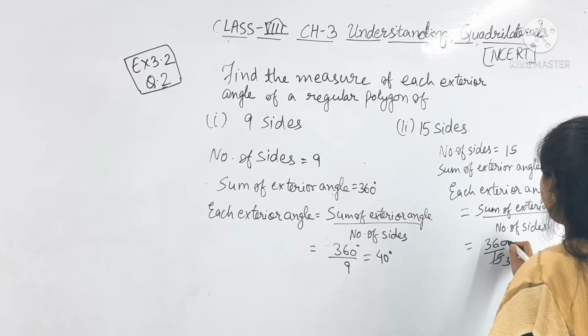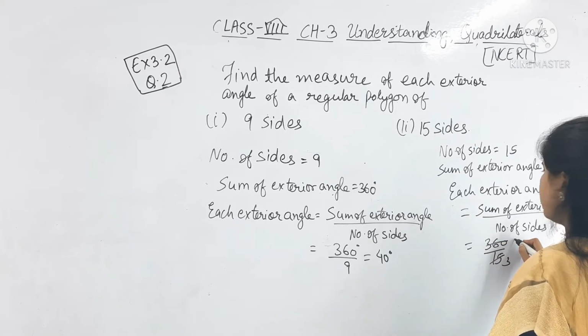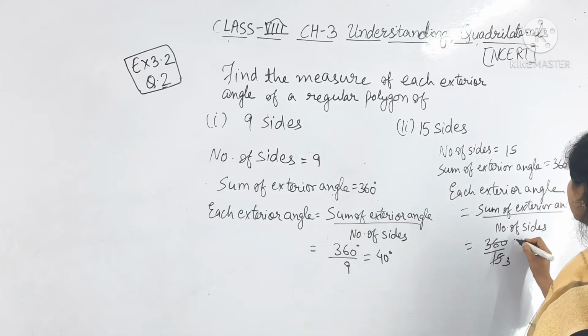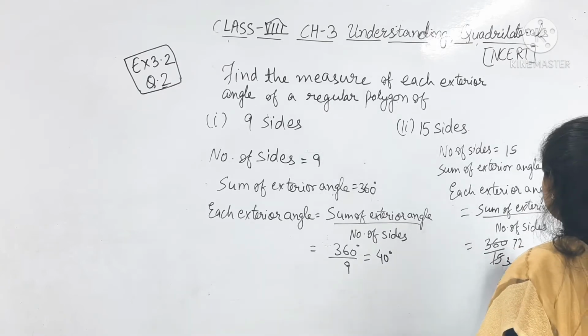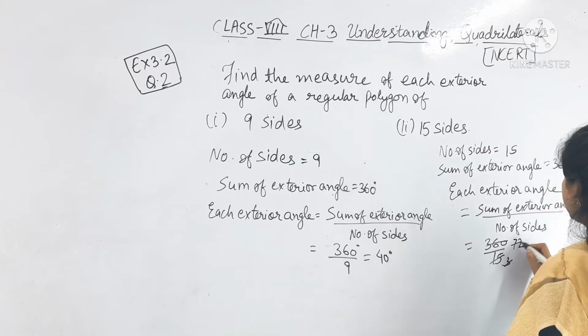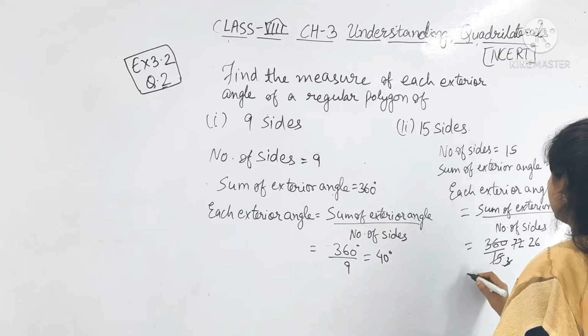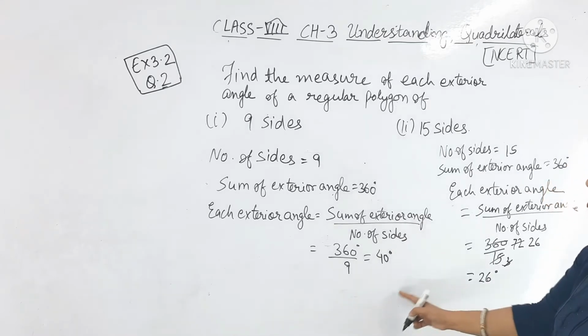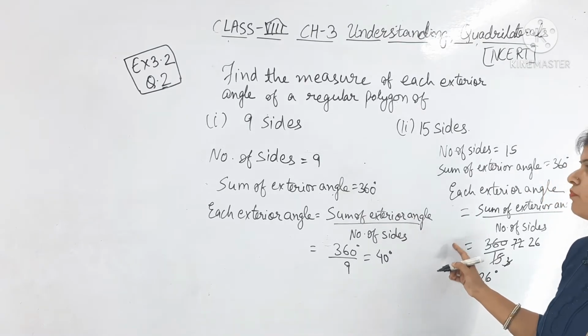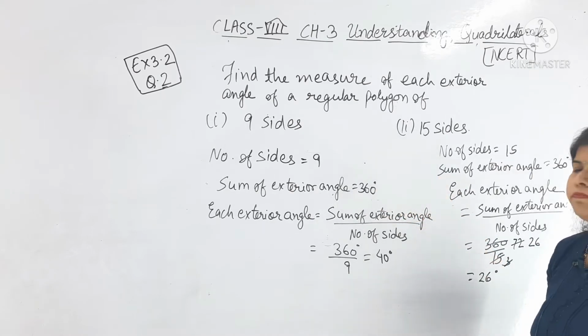So 5 3s are 15, and 5 7s are 35, and 5 2s are 10. So by 3 it will cancel, 3 1s are 3, 3 2s are 6, 3 4s are 12. So I am getting here 24 degree. Okay, so this is question number 2, that is first part and second part.